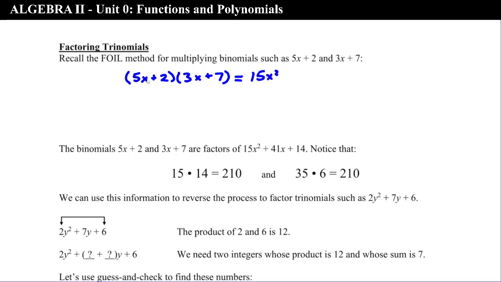And then the outside terms, so you've got 35x. And then your inside terms would give you 6x. And then your last terms would give you 14. And then we just simply add those middle two terms together. So when we do that, we end up with 41x in the middle.